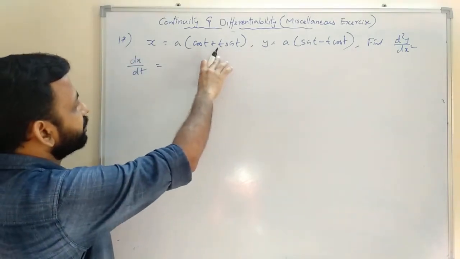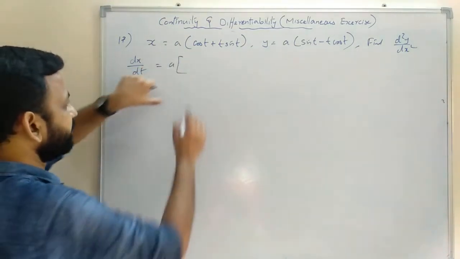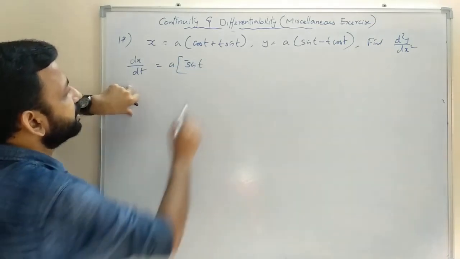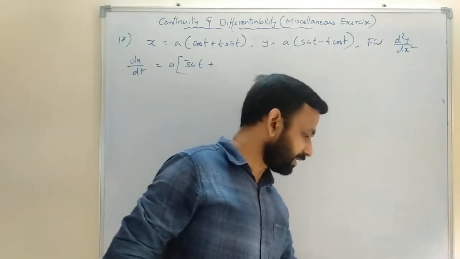So a is a constant outside. Then derivative of cos t, that is minus sin t, plus here we have to apply product rule, that is t sin t.